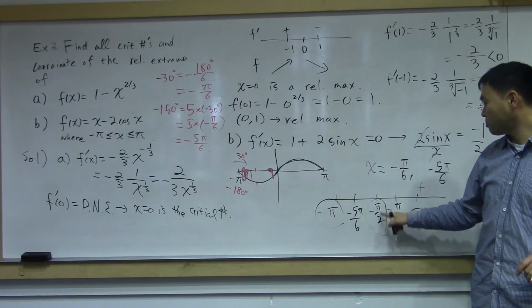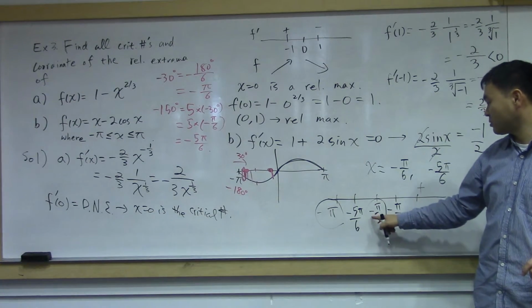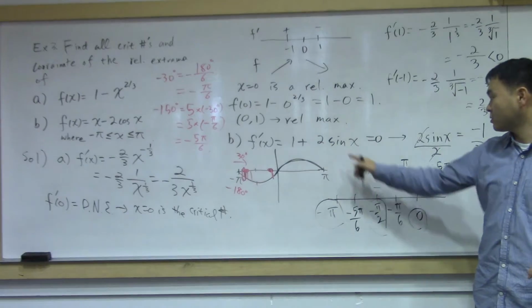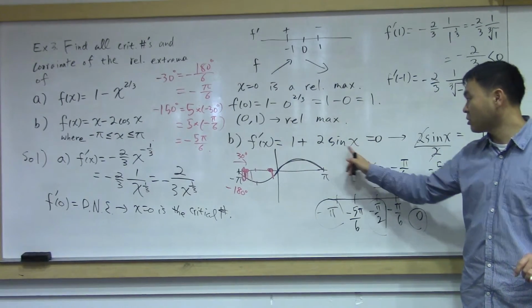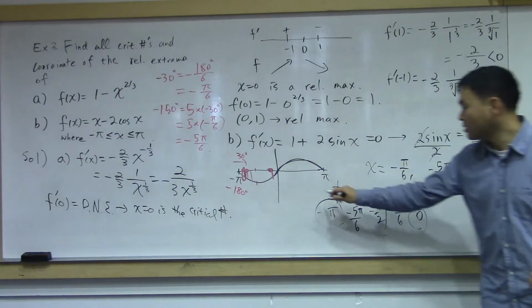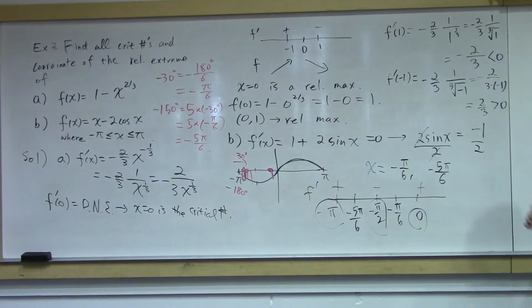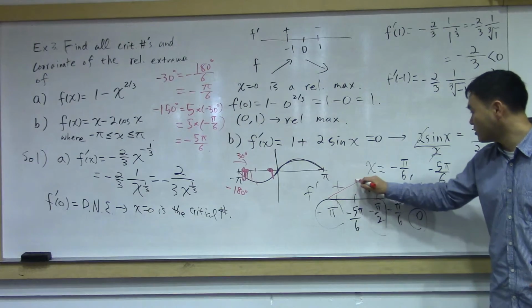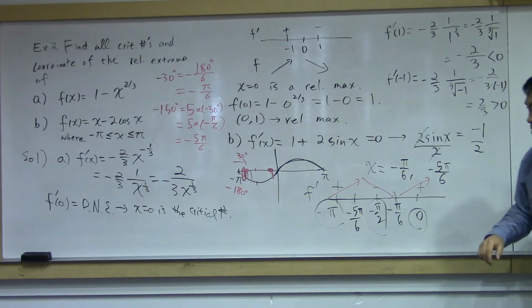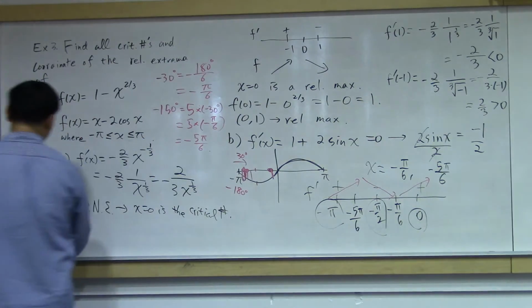Sine of pi over 2 is 1, but sine of negative pi over 2 is negative 1, so you get a negative here. And sine of negative pi gives you 0, so you get a 1 here, which is positive.